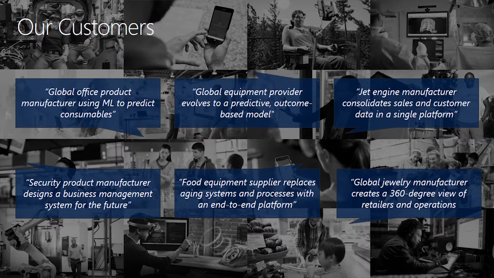All right, just a couple of our customers. Beth, do you want to comment on one of them that you're working on here? The one up in the corner, a global office product manufacturer using ML to predict consumables.